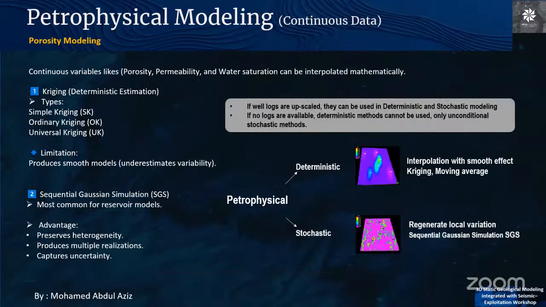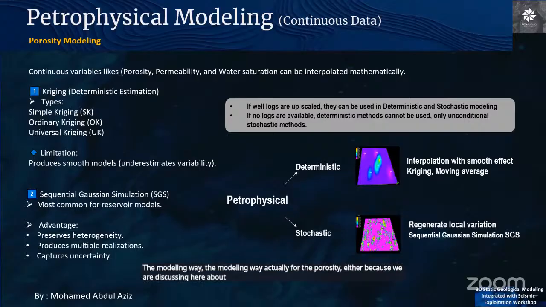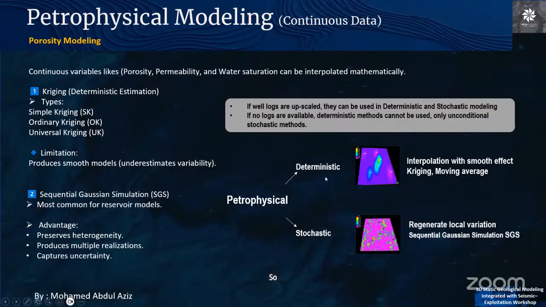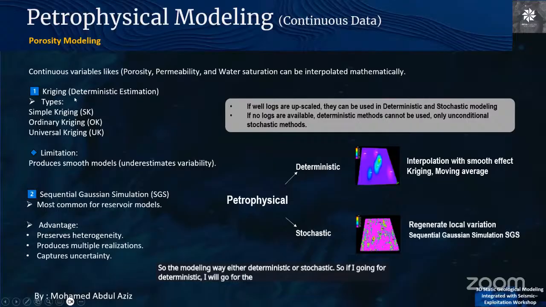The modeling way for porosity, because we are discussing a continuous property, is either deterministic or stochastic. If I go for deterministic, I will go for a Kriging algorithm: simple Kriging, ordinary Kriging, or universal Kriging.